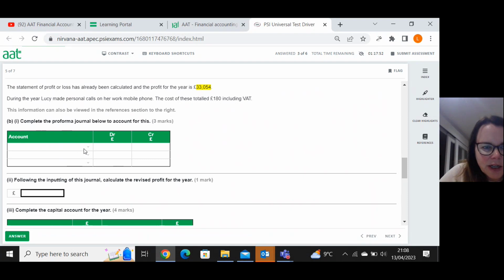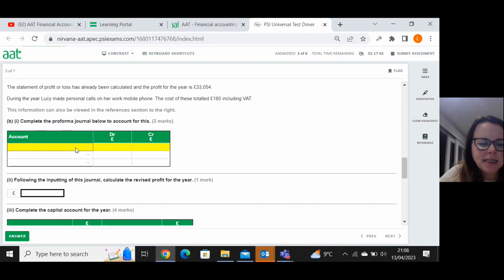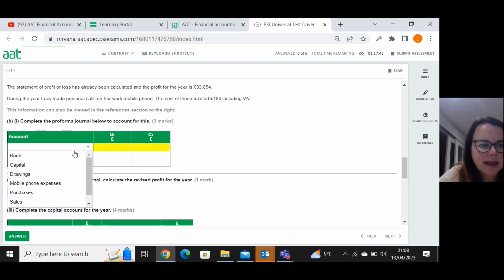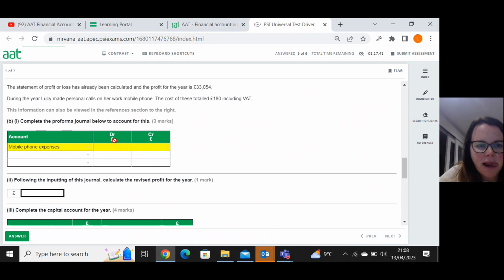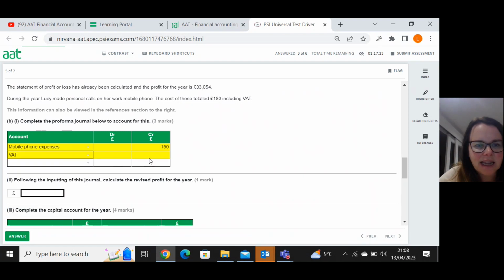So what we need to do is look at that highlighter. What we need to do is take the 150 back out of those phone expenses. So we're going to credit the phone with 150. We need to not be reclaiming the VAT.